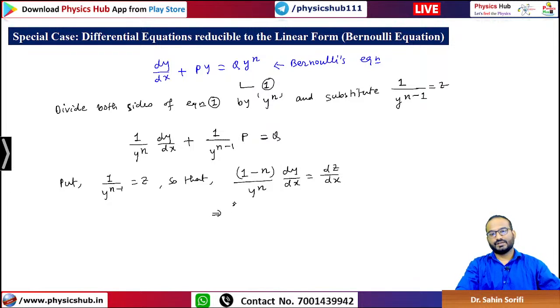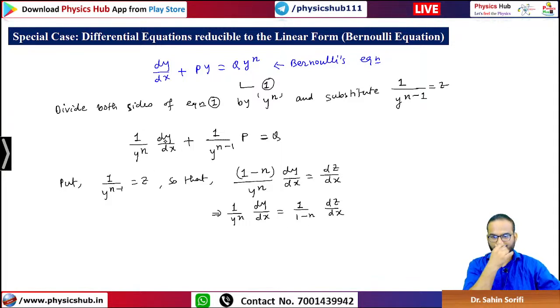So from here, 1 by y to the power n dy by dx is equal to 1 by (1 minus n) dz by dx. So this term is done. Let's say this is equation number 2.